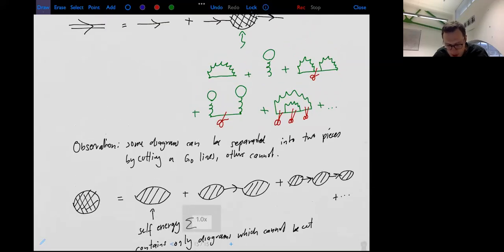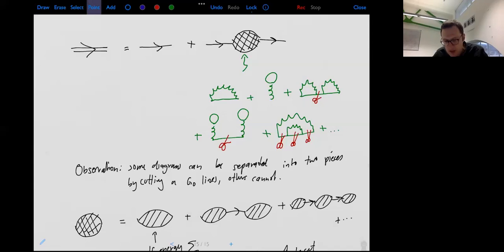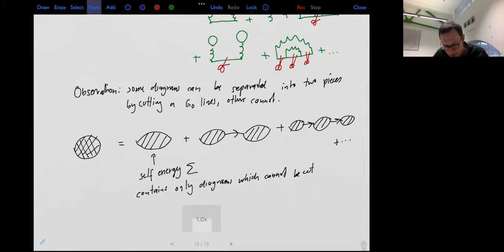What happens now if we take this result and plug it back into the equation up here, right? So let's see what we get. So again, we should never forget that what we're trying to calculate is the interacting Green's function. And we said that we can write it in this way.